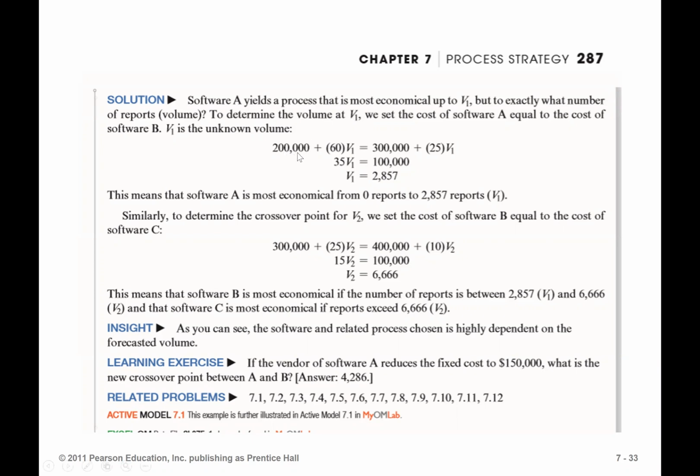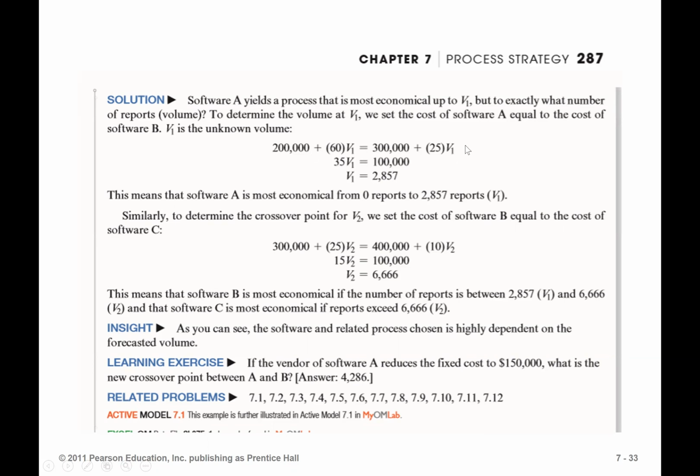So your fixed cost for software A is 200,000 plus your variable cost of $60 per unit times the number of units. It's going to be equal to the 300,000 fixed cost for B plus the variable cost of $25 per unit times that number of units, which is V1, same V1. And you just solve for V1, right?